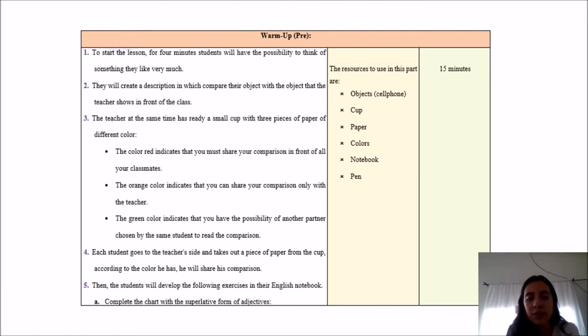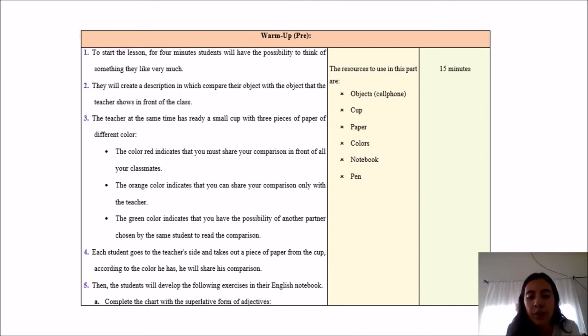For example, short adjectives: old, fast, happy, easy. Old is the oldest, late is the latest, big is the biggest, and happy, the happiest. And in long adjectives, we have modern, that is the most modern, or expensive, that is the most expensive.